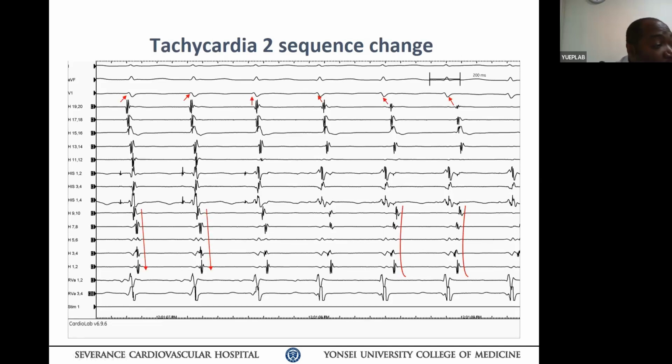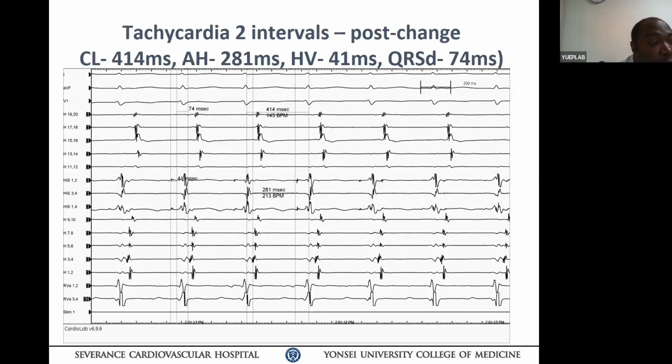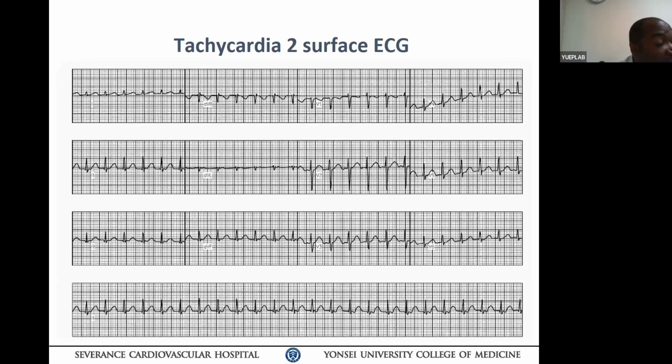So here we see the relationship between each A and the V, and then we see how it changes from the A preceding the V to the V now preceding the A. And then we also see that the atrial activation sequence changes in the CS leads, which tells us that there is actually a change in the tachycardia. So the tachycardia intervals were measured after the change as well, and this was the surface ECG at that time.